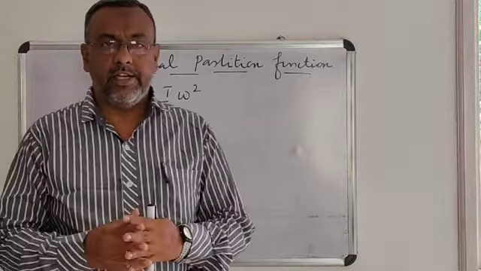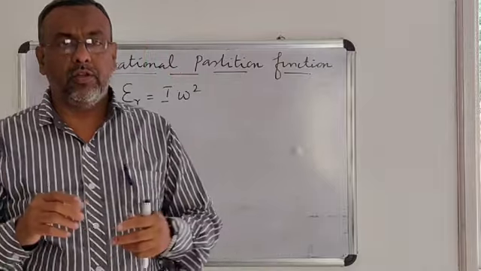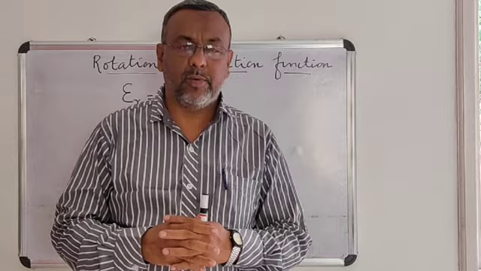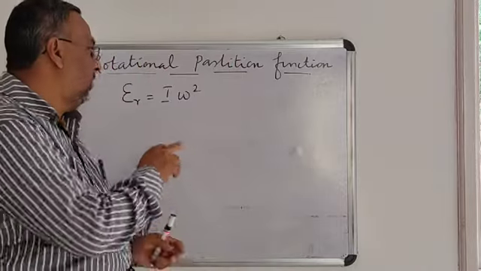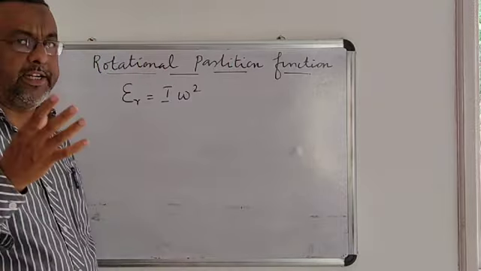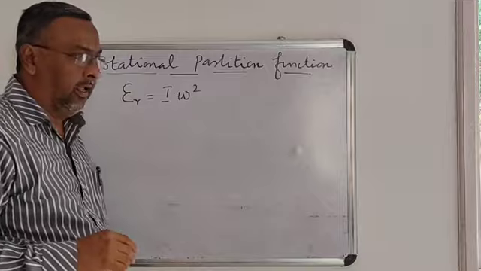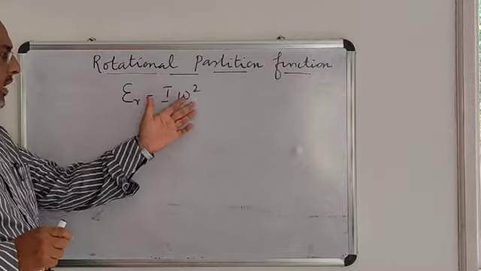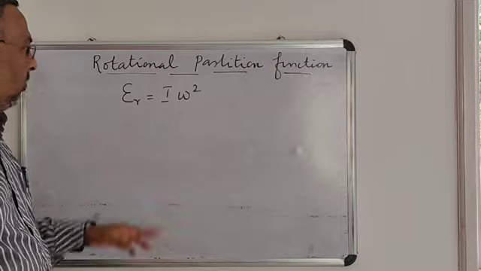There are different types of rotations, rotation along the axis. We have studied this in rotational spectroscopy. So every rotation has its own energy. The energy of rotation is given as I into omega square. What is I?